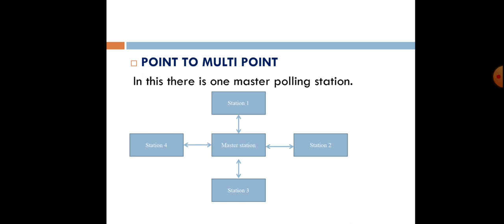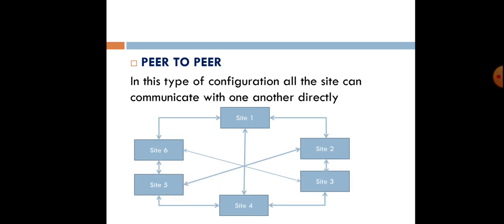Now the third one is peer-to-peer configuration. In this type of configuration, all the sites can communicate with one another directly. The system should be such that this type of communication becomes possible. Such type of communication is employed in manufacturing plants and treatment plants.